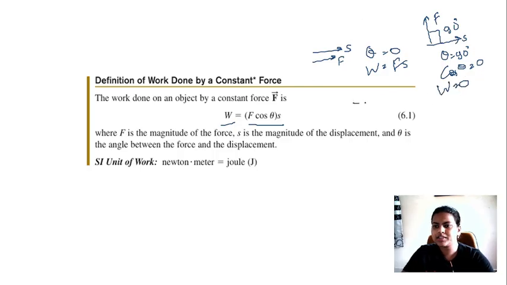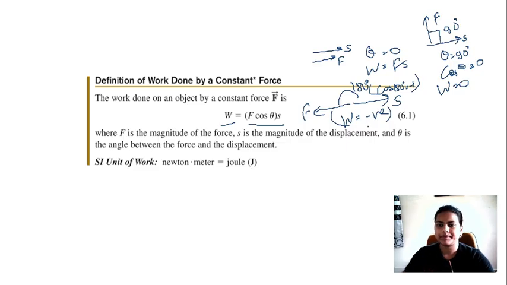If the displacement and the force have a 180 degree angle, then the work is negative, because cos 180 degrees is minus 1. The unit of work is newton meter, or joule.